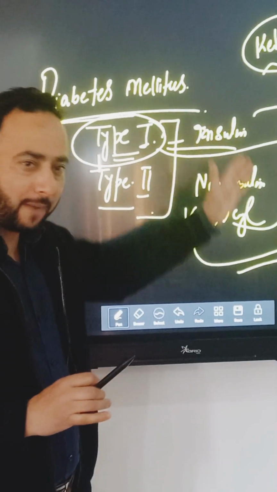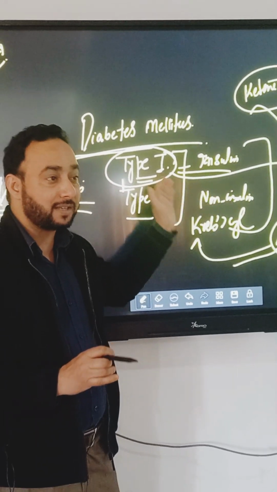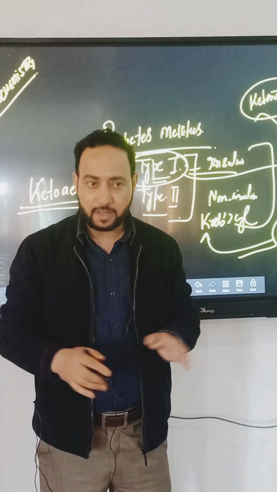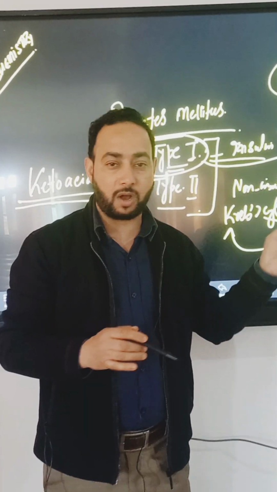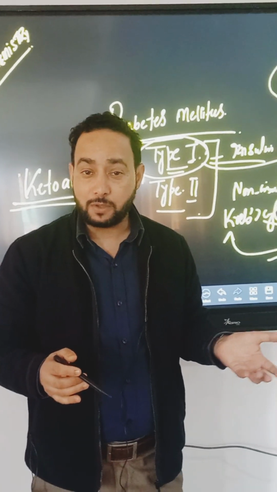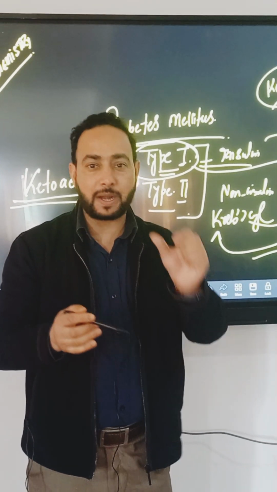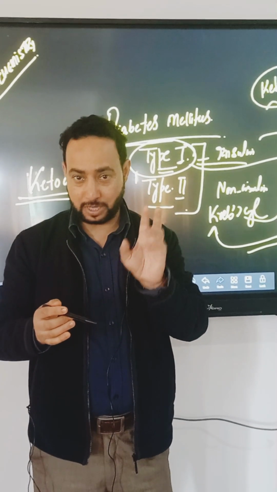I will summarize it in a very short moment. What happens in diabetic ketoacidosis? There is increased lipolysis and enough generation of acetyl-CoA. That acetyl-CoA is utilized by the Krebs cycle, but to a limited extent.